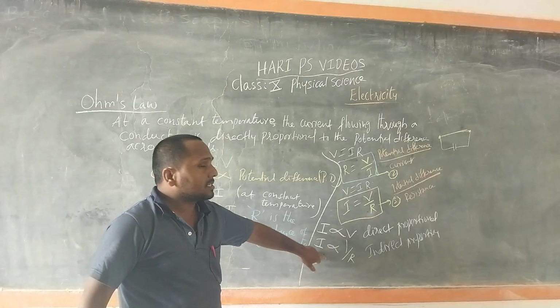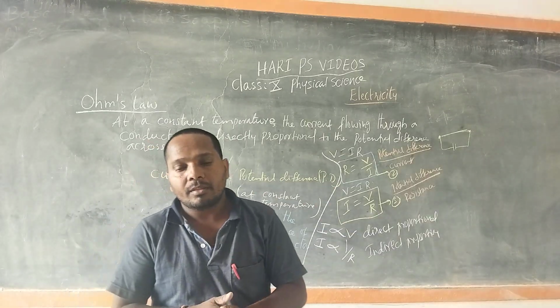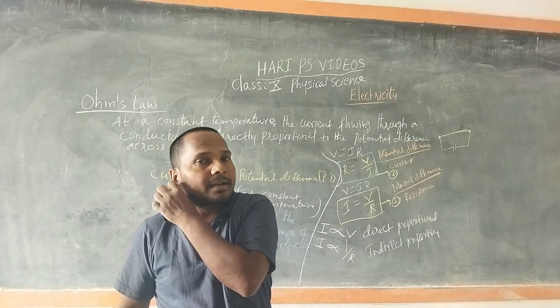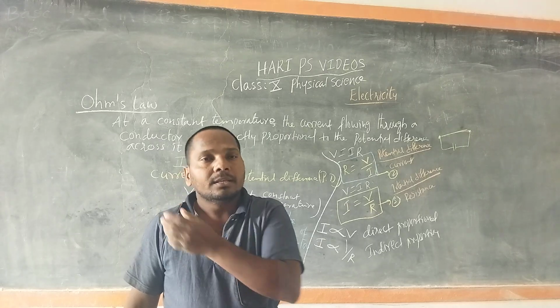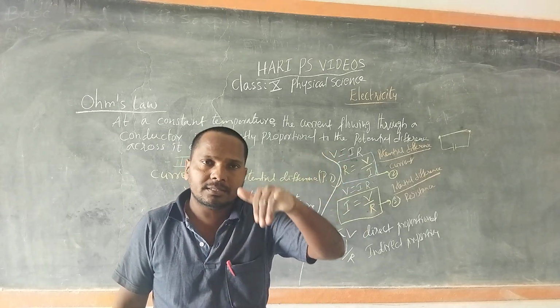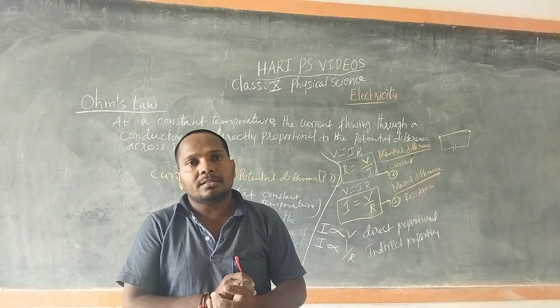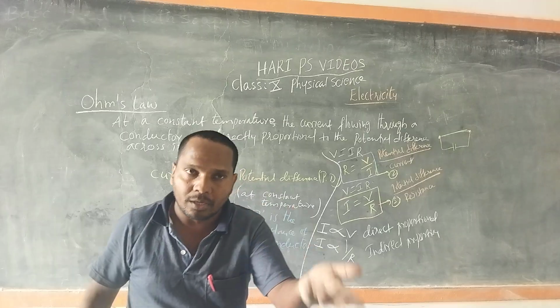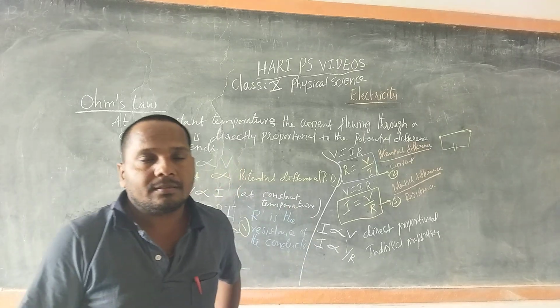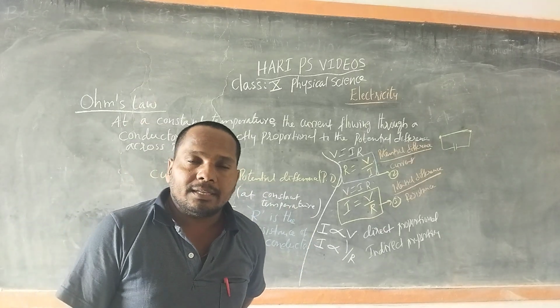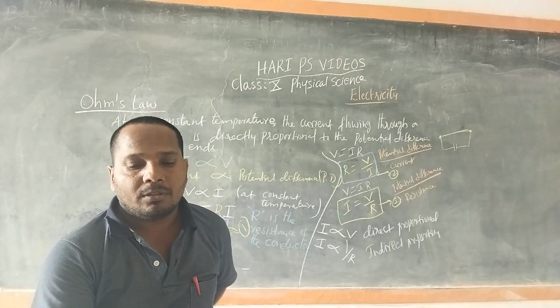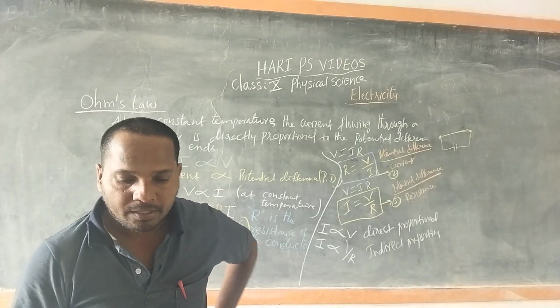Similarly, if the resistance of the conductor is more, then the flow of electric current is less. If the resistance of the conductor is doubled, then what about the flow of electric current?